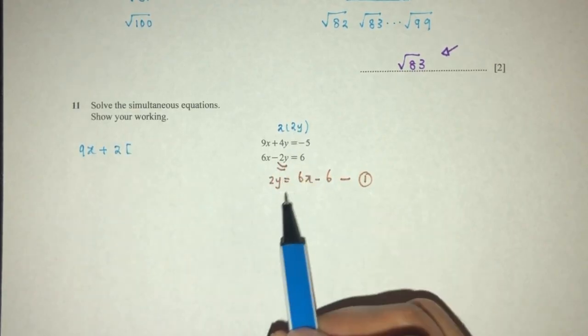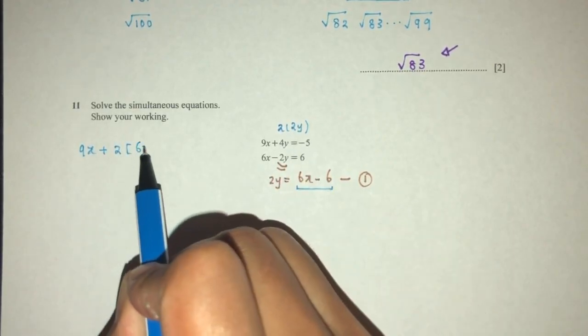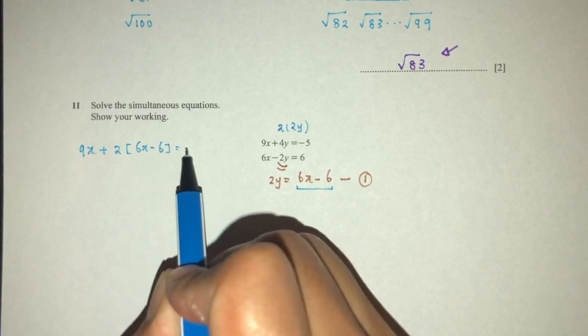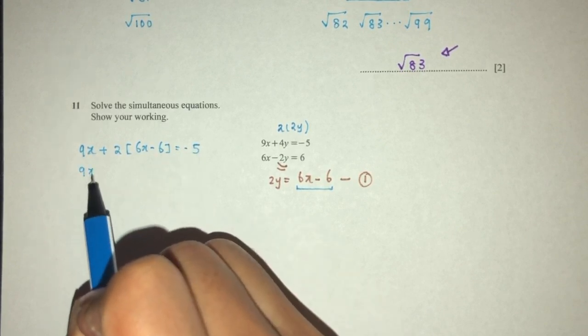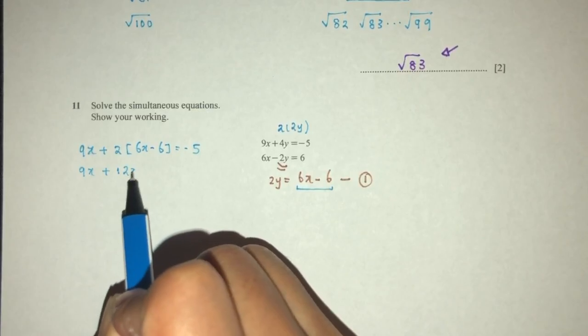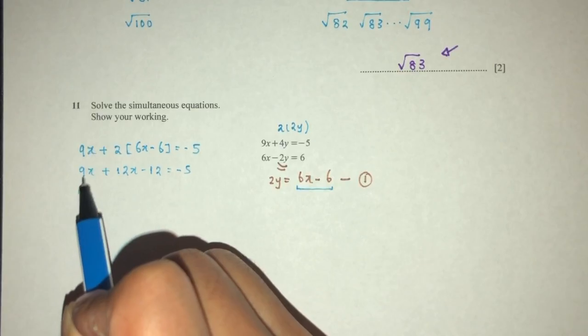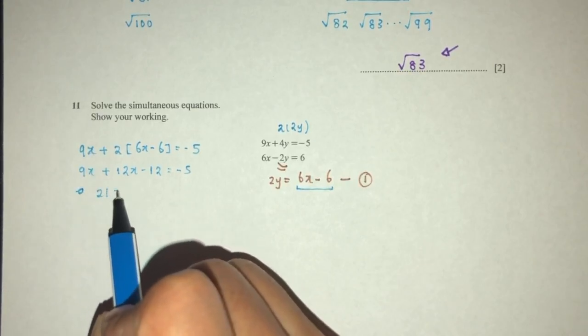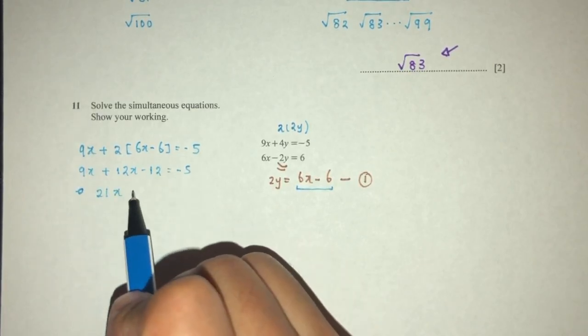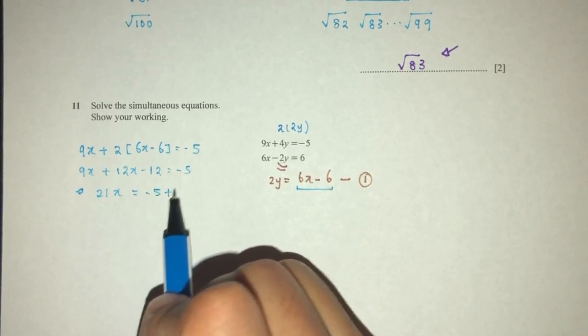Now 2y is also 6x minus 6, which equals minus 5. That will be 9x plus 12x minus 12 equals minus 5. So 9x plus 12x will be 21x. Send the 12 over here. That will be minus 5 plus 12.